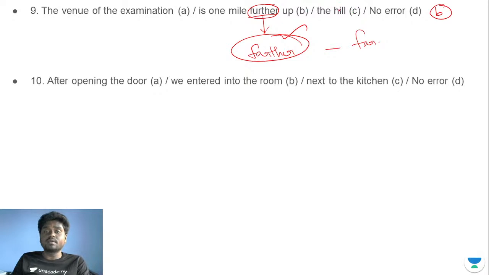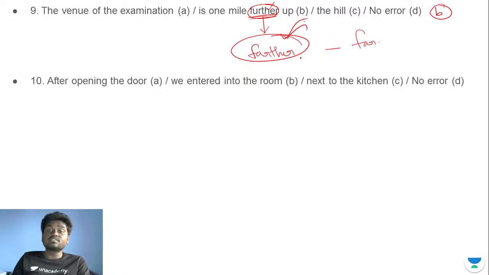So it is not further. Further means at a greater distance in continuance, in addition. But that should not be inserted here. The correct term which should be inserted here is farther.